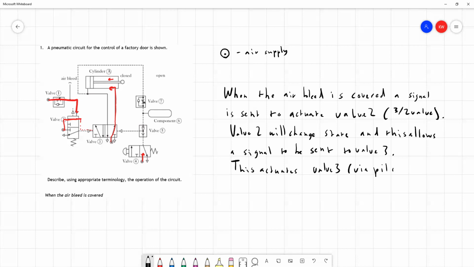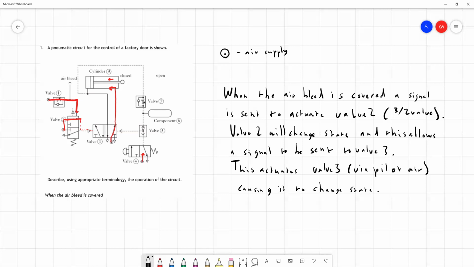Now, when it comes to a model answer, I'm probably giving a bit more than we need to give. If you gave all these things, it's definitely enough, but I'm probably giving a little bit more than needed. This actuates valve 3 via pilot, causing it to change state. That's what's happening now.